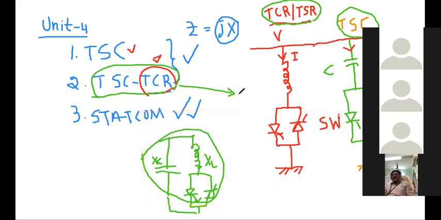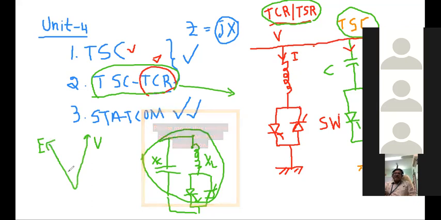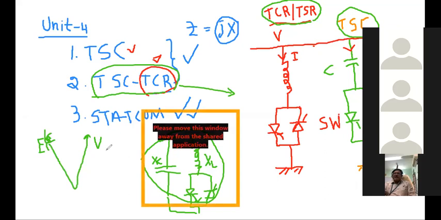Depending on leading and lagging, assume E is the induced emf, or the terminal voltage of the statcom, and V is the supply voltage, that is the transmission line voltage. Based on the phase angle difference you get the real power flow. If E is leading with respect to V, then it supplies real power to the mains.